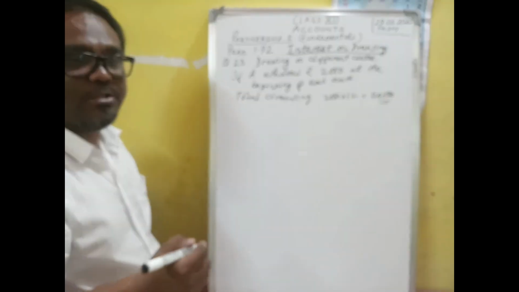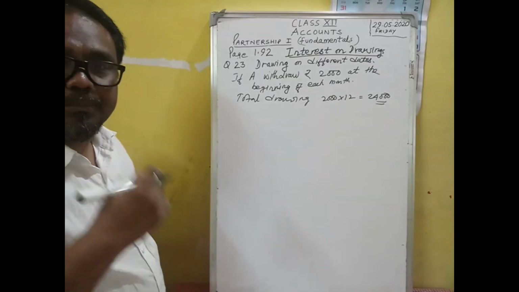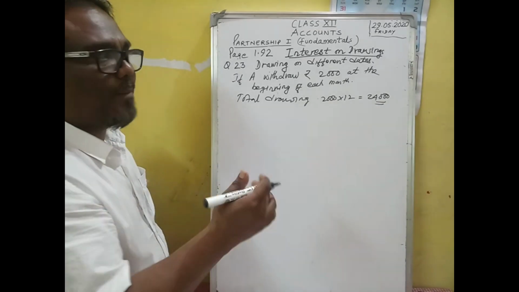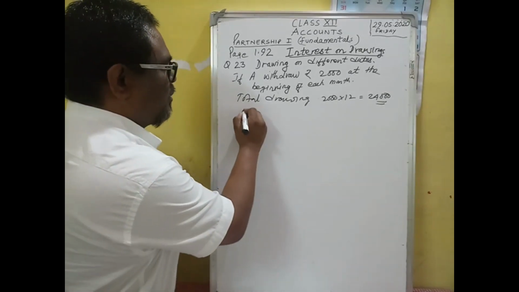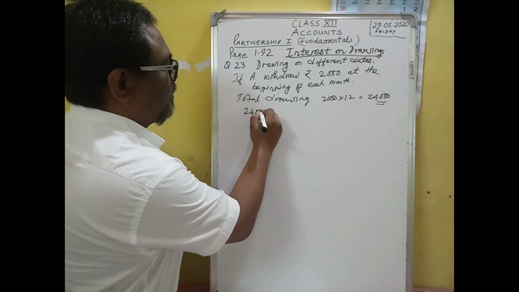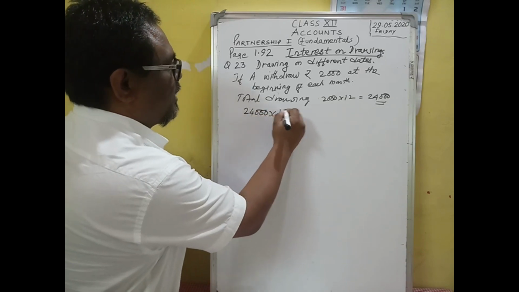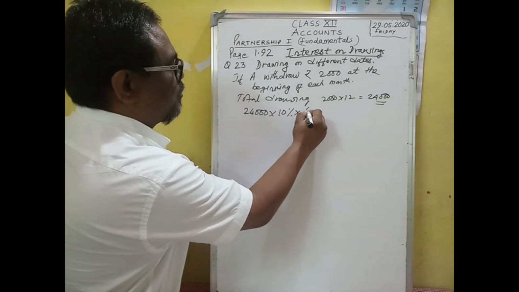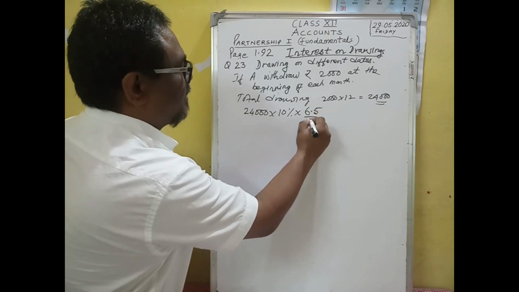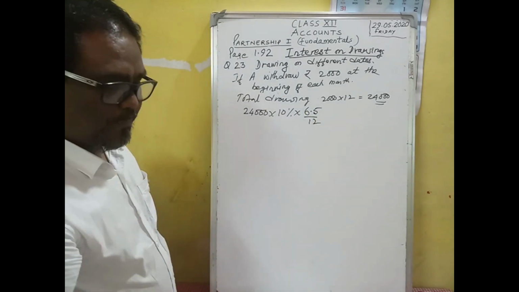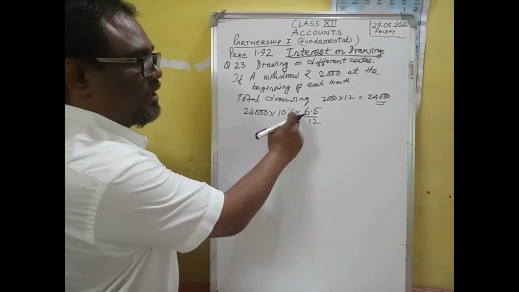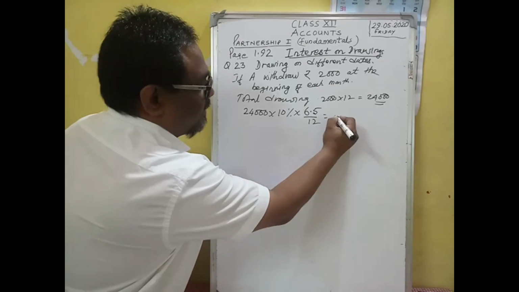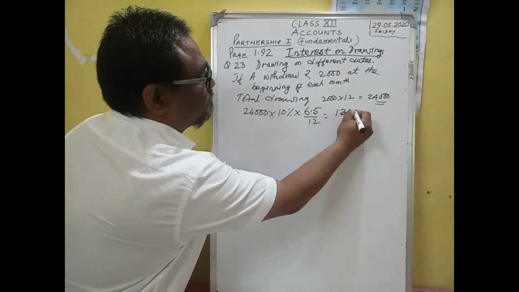So here the rate of interest is given as 10%. If a fixed amount is withdrawn at the beginning of every month, the interest is charged for 6.5 months. So 24,000 into 10% into 6.5 divided by 12, that will come to 1,300.